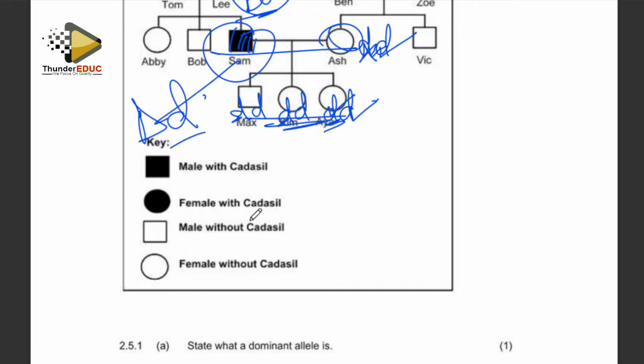All right. So what I was saying that, just a moment.